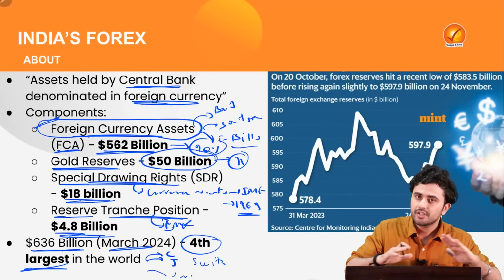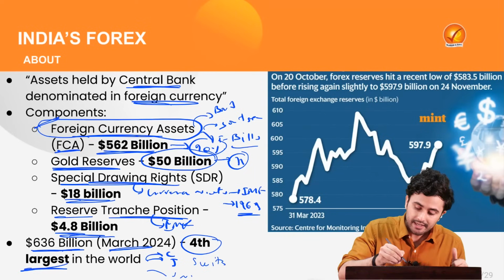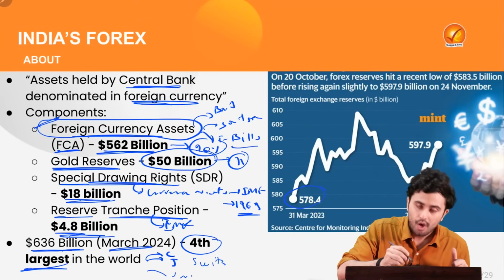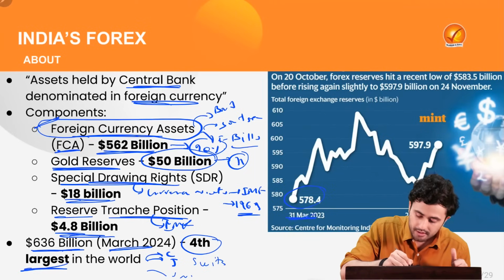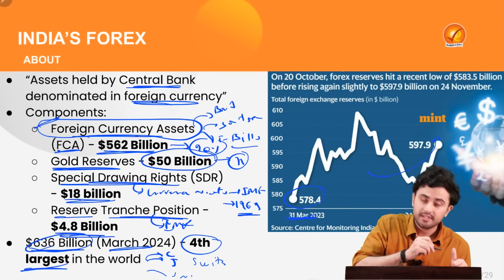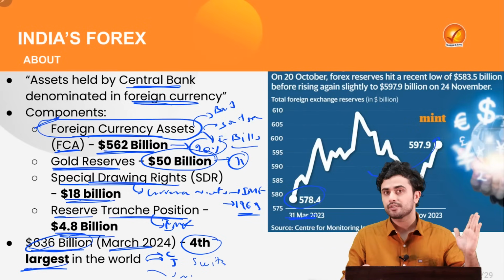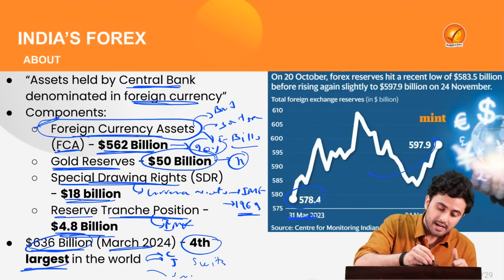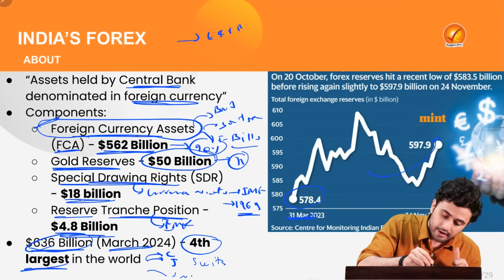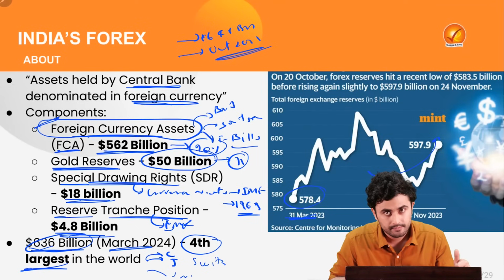Now, these foreign exchange reserves keep fluctuating, as we can see that they went to their lowest of $578 billion on 31st March, and then finally rose to $636 billion. The highest our foreign exchange reserves have ever gone was $646 billion in October 2021.